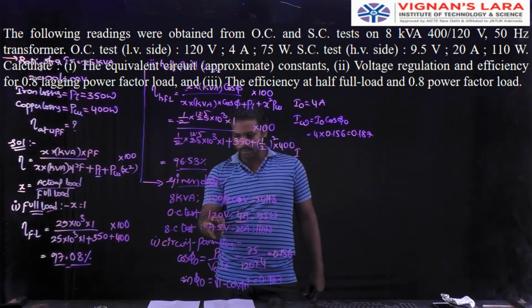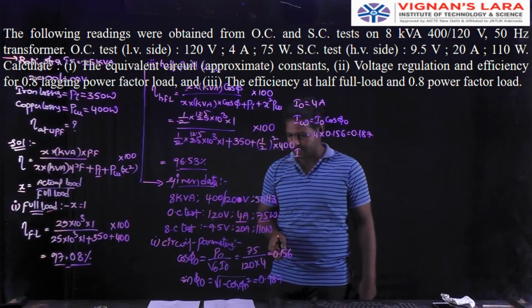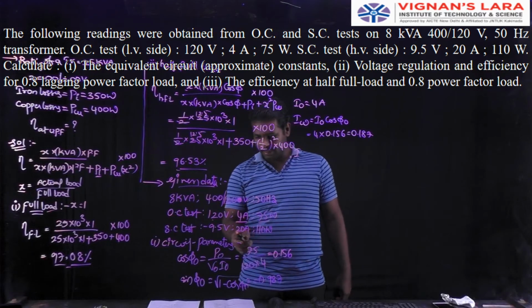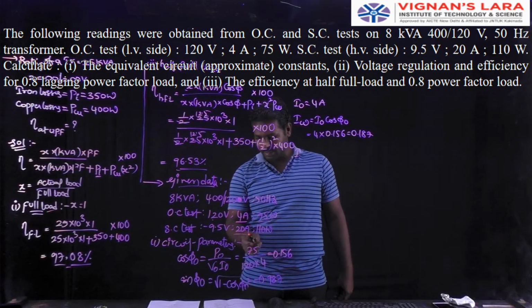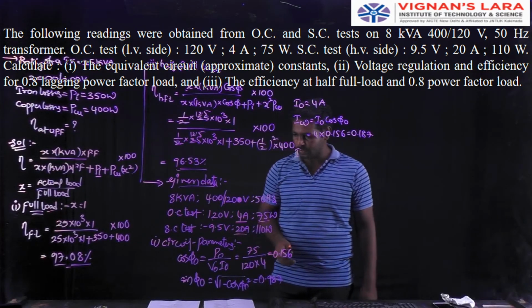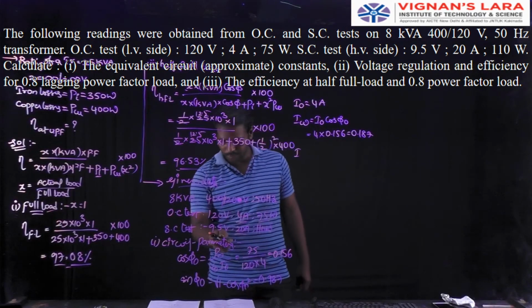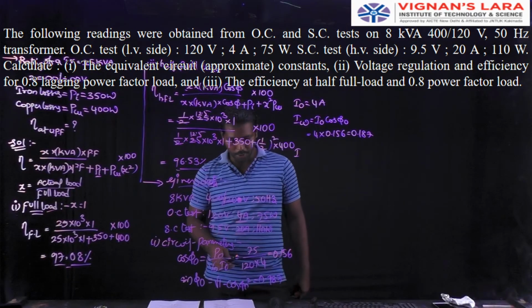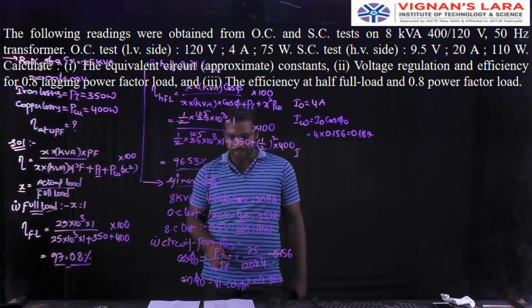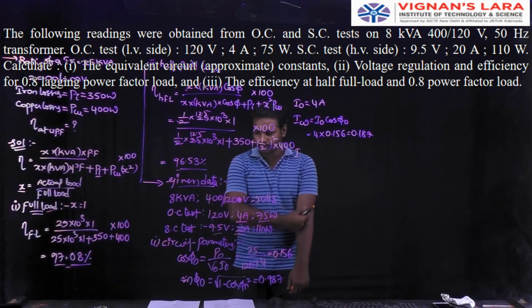The OC test is 4 amperes and 75 watts. The full load current is equal to 20 amperes, and the corresponding VSC is 9.5.